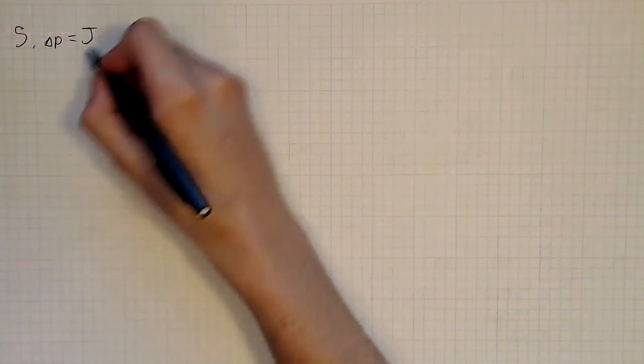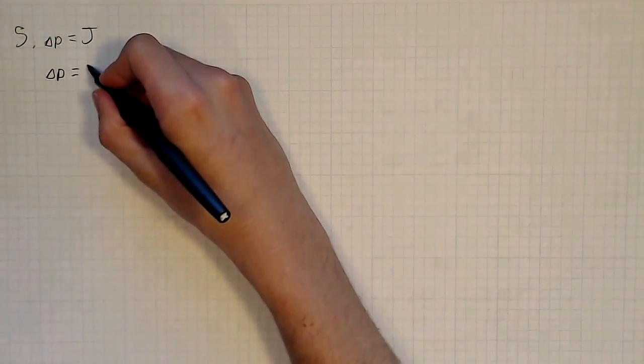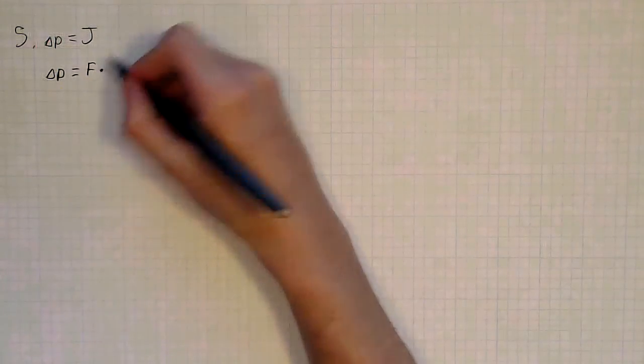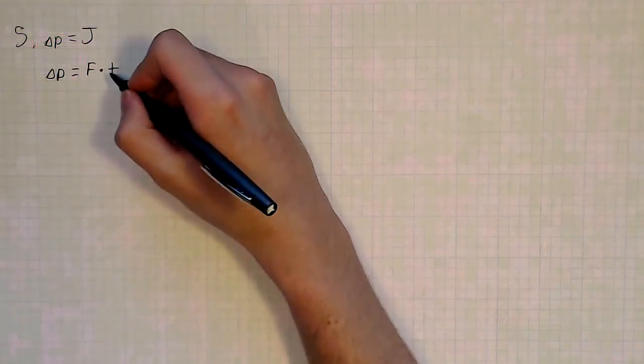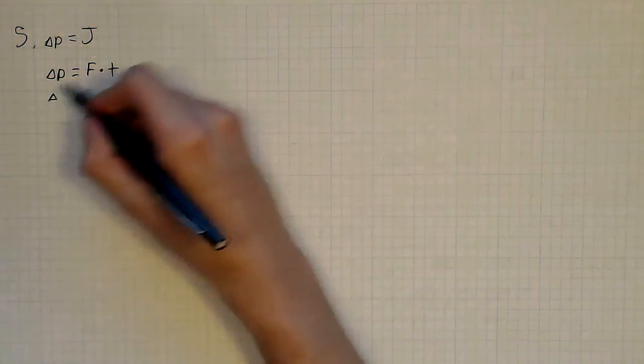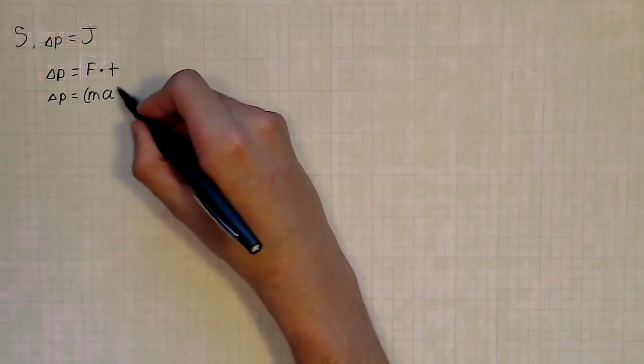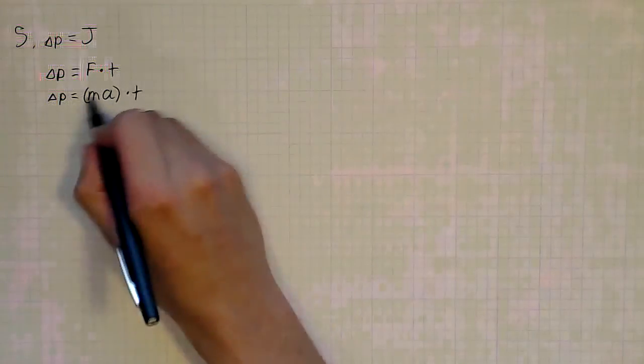And we know that change in momentum is equal to impulse, which is equal to force times time. And we know that force is equal to ma, so times time, mat.